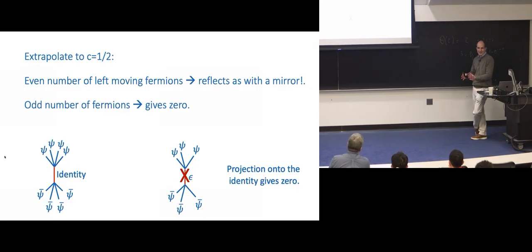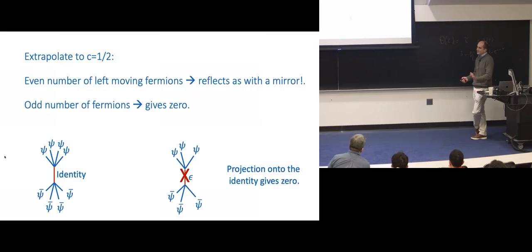With an even number of fermions, the only operators that could propagate in the Ising model in this situation are the descendants of the identity. So this is the same as doing no projection, and what this essentially means is that these fermions are behaving as if they were reflecting from a mirror.